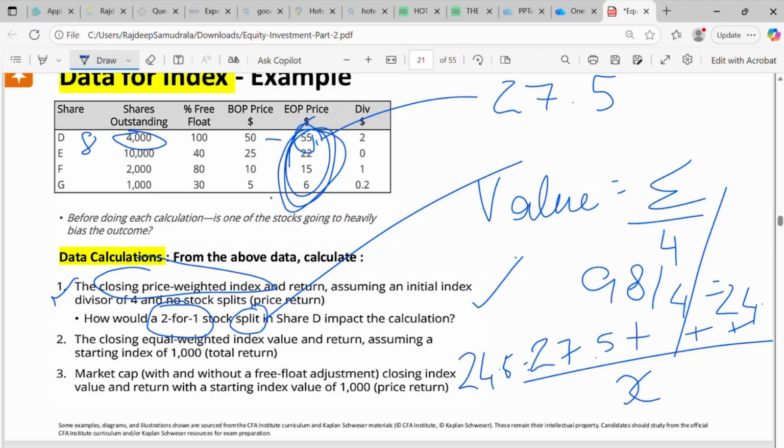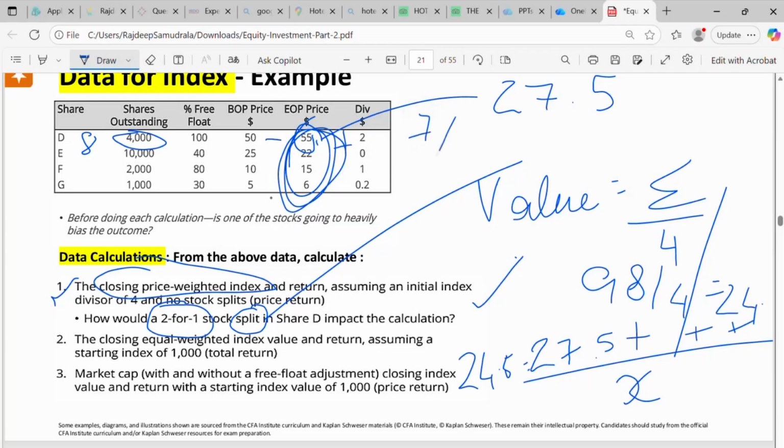So I'll look at it like this. 50 minus 55, that's minus 5, plus my income for period 2. That gives me 7. Correct? Minus 5 plus 2, 7 is my income. Obviously that's based on 50.